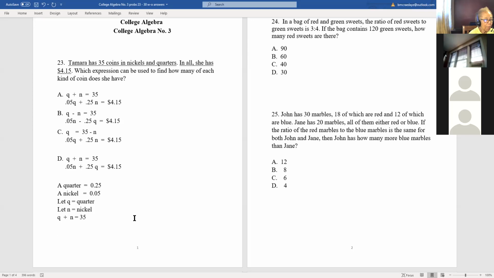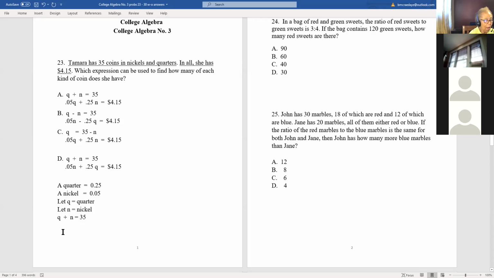You know the sum total of the nickels and the quarters is $4.15. Give me an expression for the value of the quarters. No, I want you to use what we have here. We have 0.05 for nickels, 0.25 for quarters.